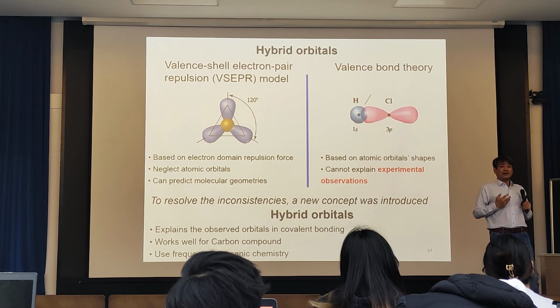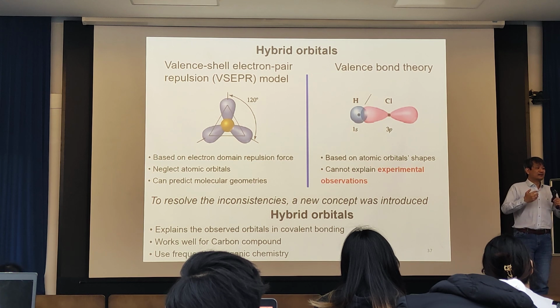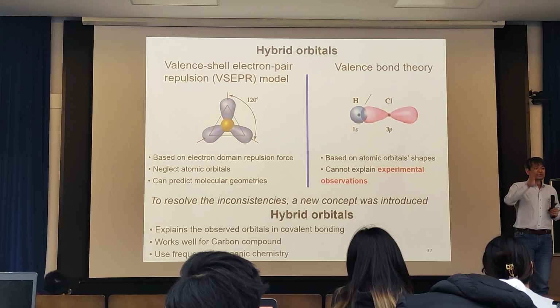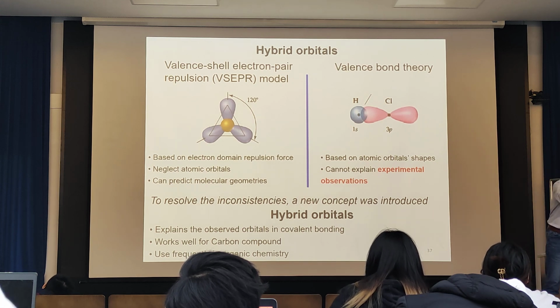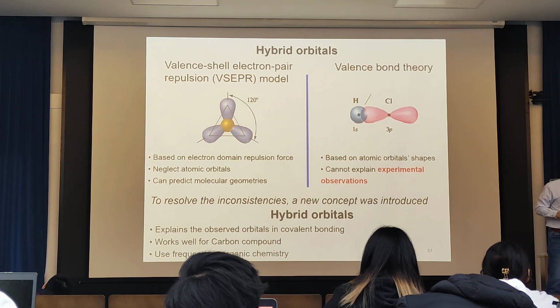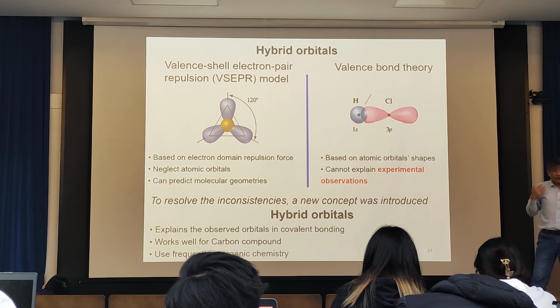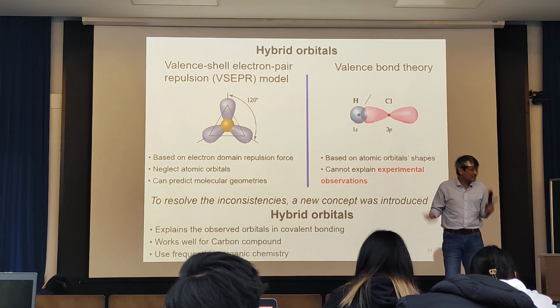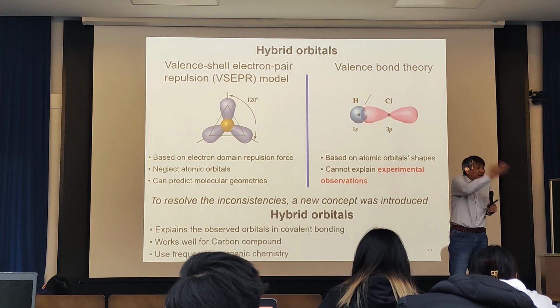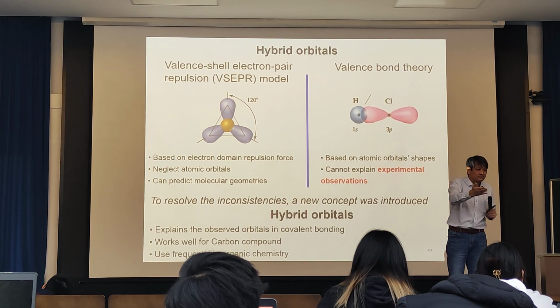So how can we explain this phenomenon? The overlap of orbitals S and P is your imagination. It's not the Gauss shape. The Gauss shape in the case of CH4, the four hydrogens will be identical.